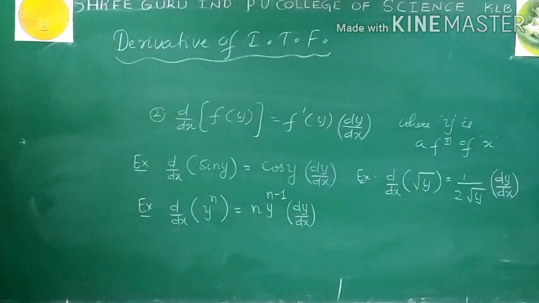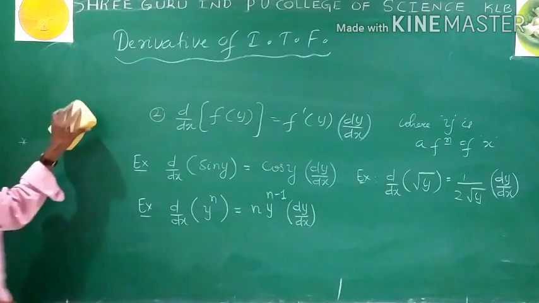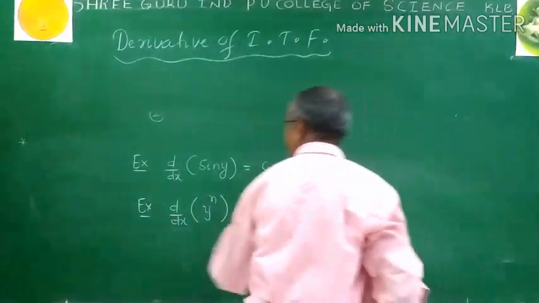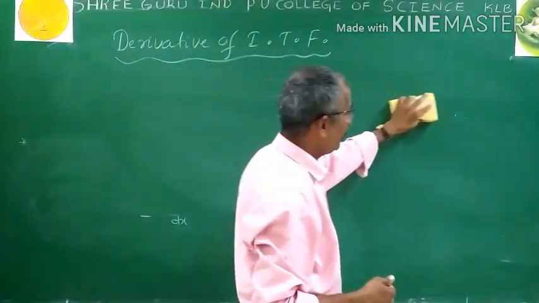ITF stands for the long form, inverse trigonometrical functions. Keep that in mind. I derived 3, the remaining 3 are of the same type. Easily one can manage them.